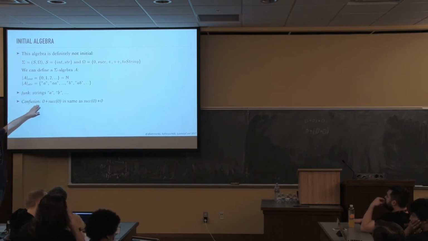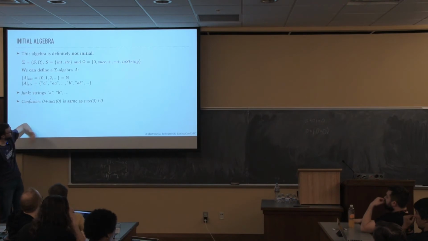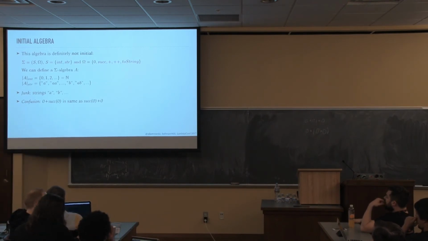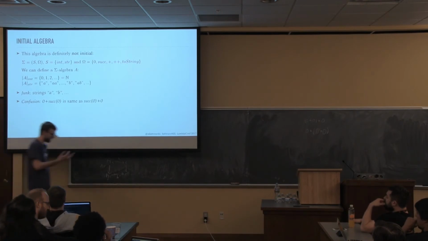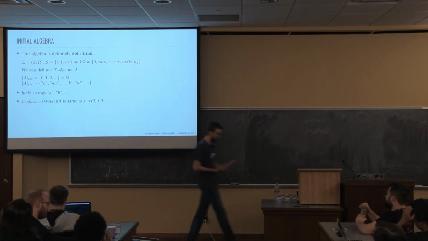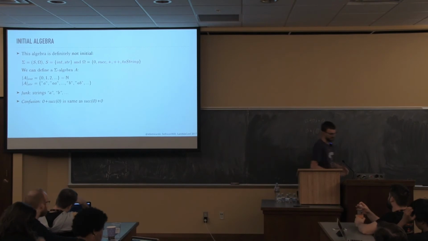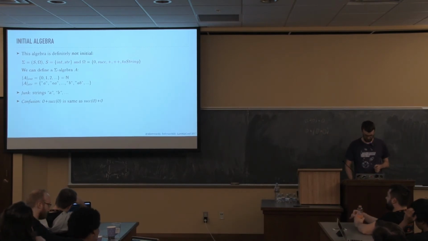And it also contains confusion, so in this specific algebra, 0 plus 1, or the successor of 0, is the same as successor of 0 plus 0. But in general, it doesn't have to, right?